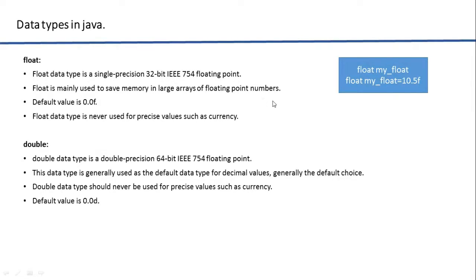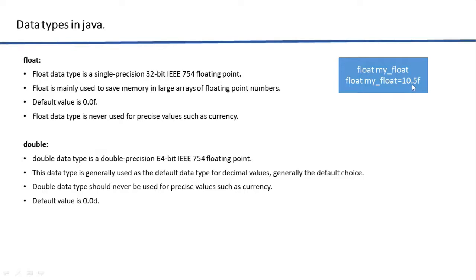We can declare float data type like this: data type followed by variable name. And we can assign values to float like this: data type, variable name, the assignment operator, and the value that we are going to assign. Here also the most important thing is that we need to append f at the end of the value.